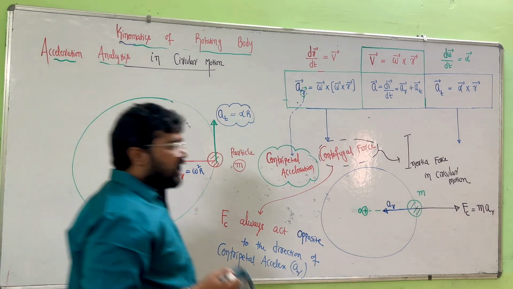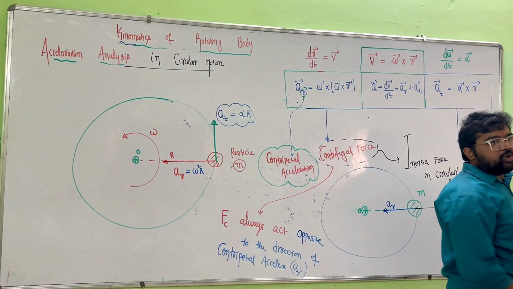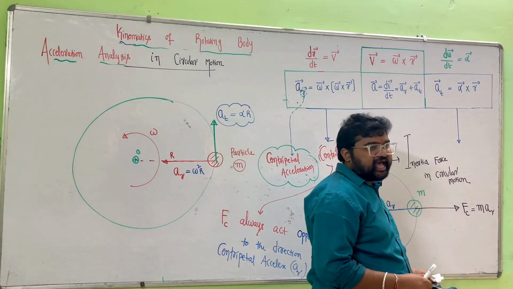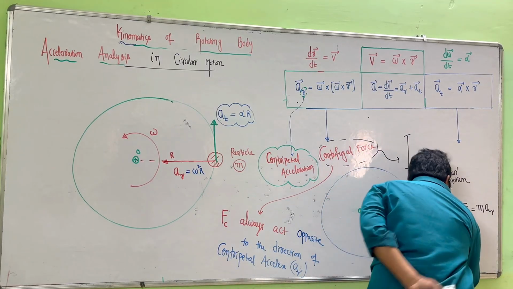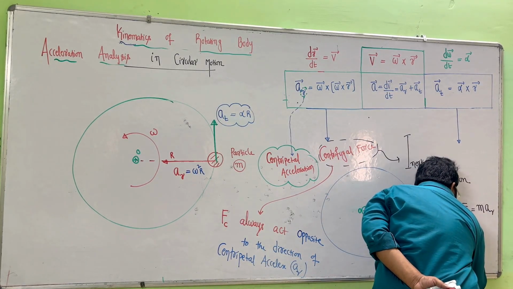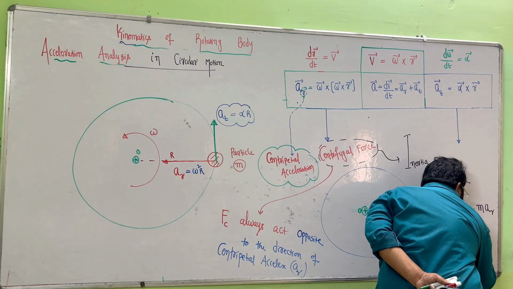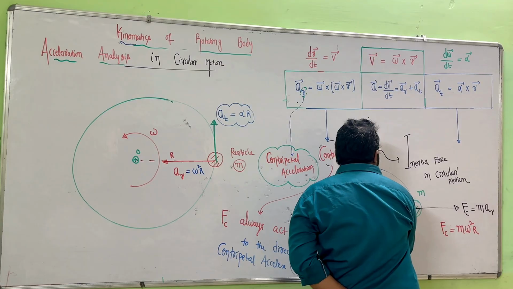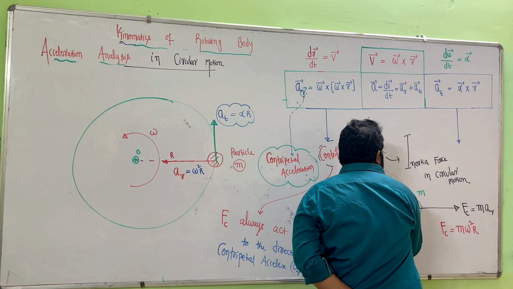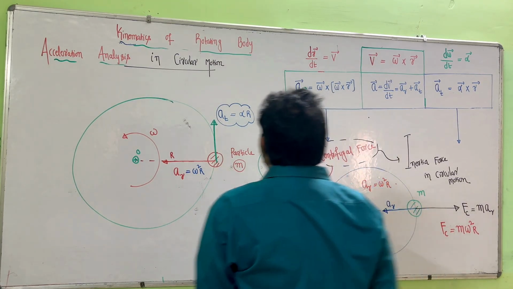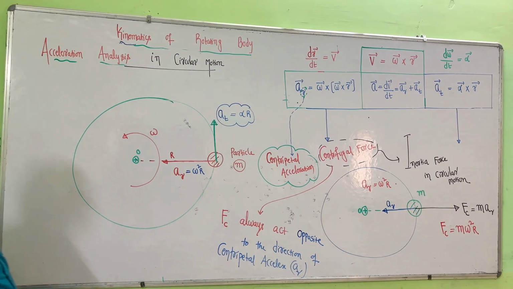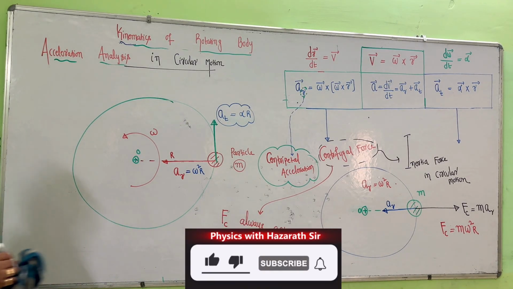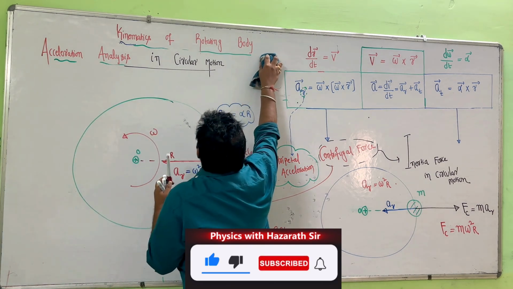Centrifugal force equals mass into radial acceleration. Okay? So inertia force equals mass into acceleration, mass into radial acceleration. The magnitude of centrifugal force would be m omega square r, since radial acceleration equals omega square r.